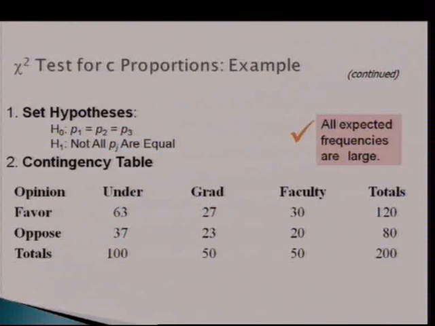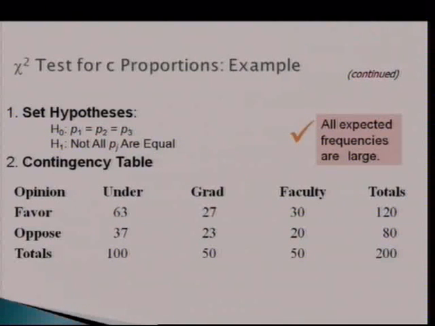In the previous slides we showed the general H0: P1 equal to P2 equal to P3 equal to PC. But here, since we have taken only three types of samples, undergraduate, graduate and faculty, the null hypothesis is H0: P1 equal to P2 equal to P3, and the alternative hypothesis is that not all Pj are equal.